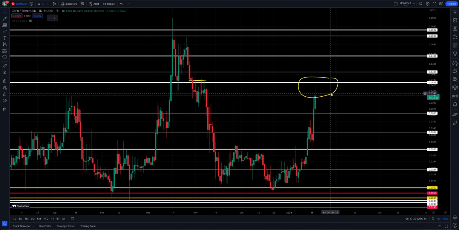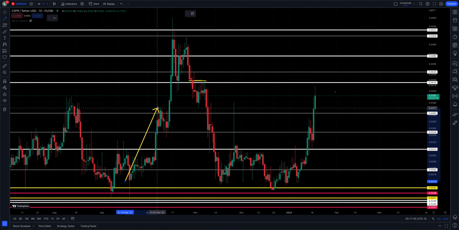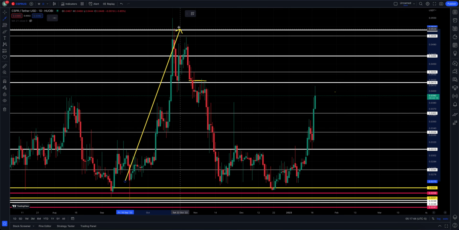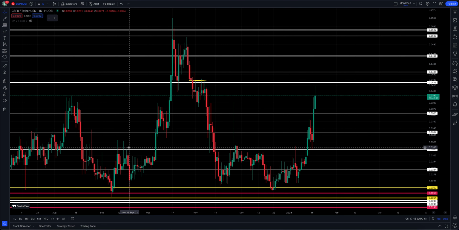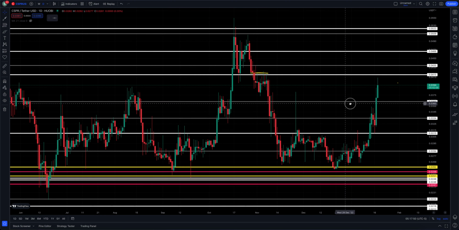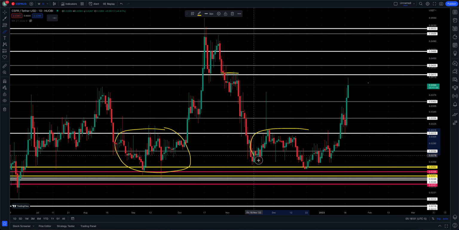So if we go back over to our left-hand side of the screen, right over in here on this big parabolic move that we saw take place back in basically September, October. I mean, pretty identical to what is kind of taking place right now, and we will show you that. So we had this consolidation right here, guys, and currently consolidation.